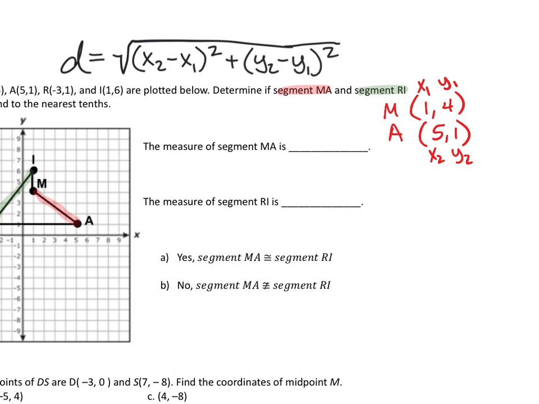So when I fill in this formula, we would have distance equal to giant square root. What did I label x2? 5. What did I label x1? 1. Close parentheses squared plus. See how I'm just filling it in? We've done this before. You've all shown me we could do this.